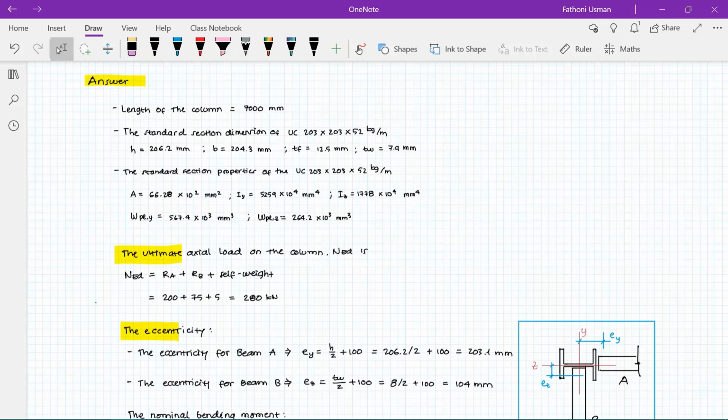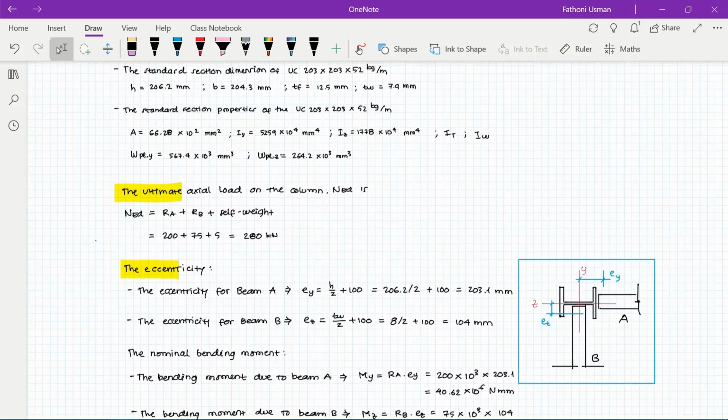We also extract the value of It, the torsion constant, and also the warping constant that we will discuss later on. Then the plastic modulus about y, this value, and the plastic modulus about z. Later we will use these because this is a combination of bending and axial force.